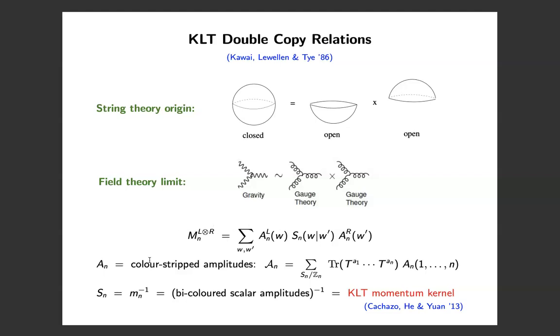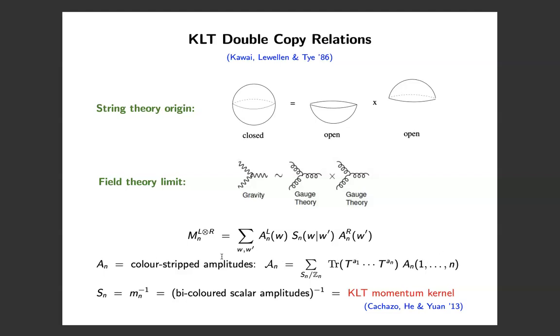Here these A_n are not the full amplitudes you calculate in a gauge theory, but the color stripped amplitudes. The full amplitude would be obtained by taking these A_n with the usual color factors from your non-abelian gauge algebra, and summing over all permutations up to cyclic ordering.